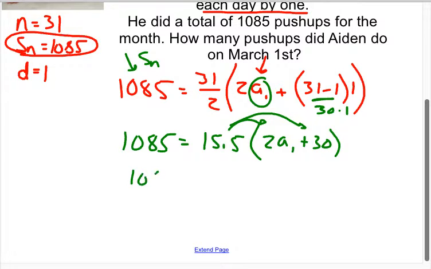So 1,085 equals 15.5 times the 2 is going to give me 31a, plus 15.5 times 30 is 465, I think. And all we have to do here is subtract 465 and divide by 31.